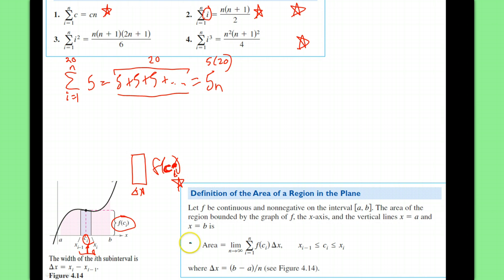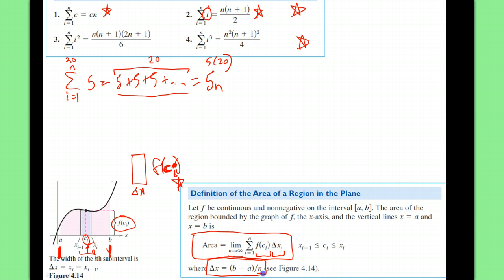And so if you look, the exact area is going to be the limit as n goes to infinity, in other words, keep getting more and more rectangles, of the height of your rectangle times the width of your rectangle. How do you know what your width is? The width of your rectangle is b minus a over n. So b is your ending point, a is your starting point.